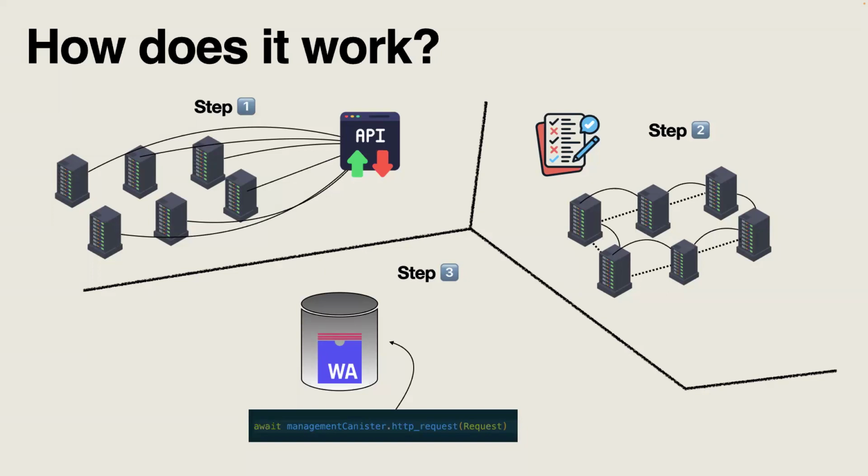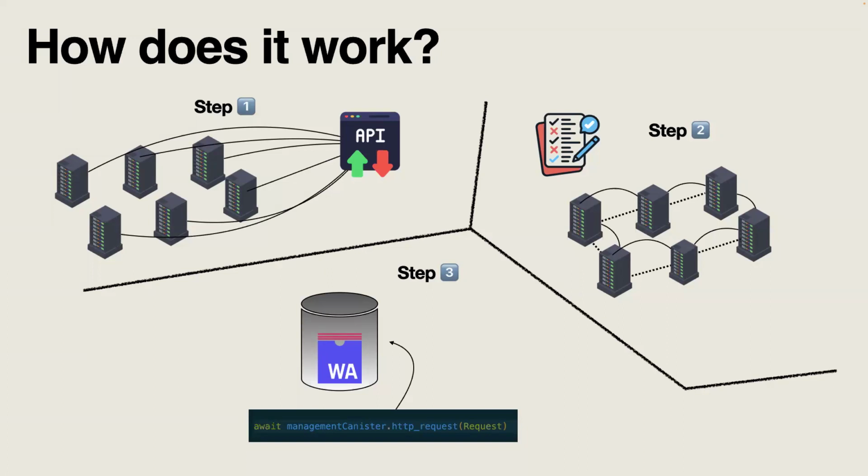And actually, this part is not easy, because what happens if you do multiple requests? You are going to have different results. If you query, for example, the price of ICP on the API of an exchange like Coinbase or Binance, even a slight delay of milliseconds between the nodes can change the result of the HTTP request.